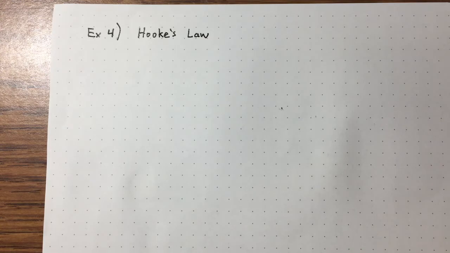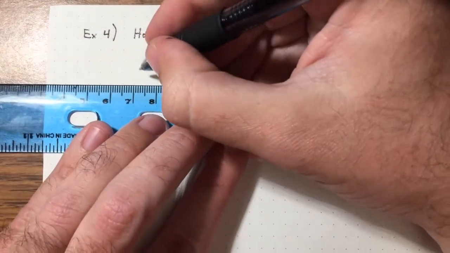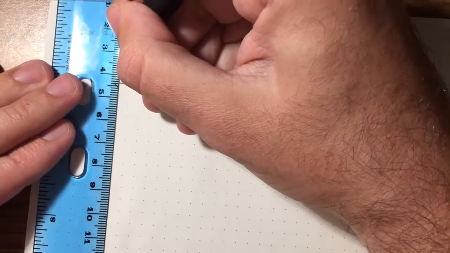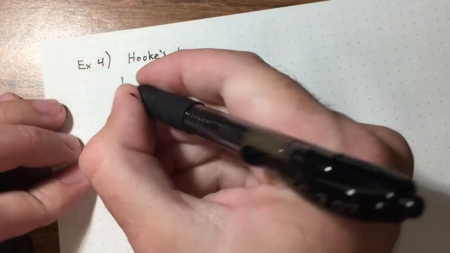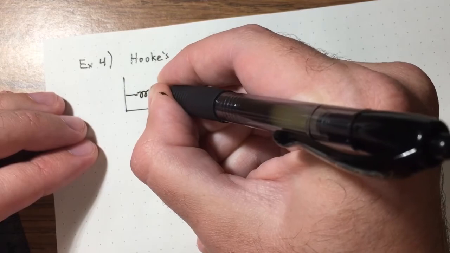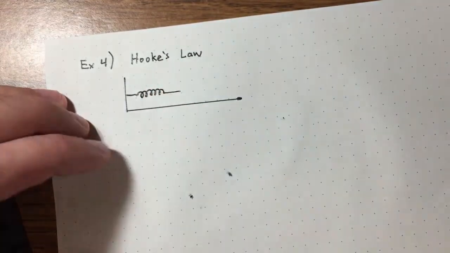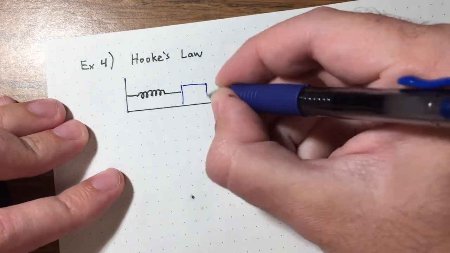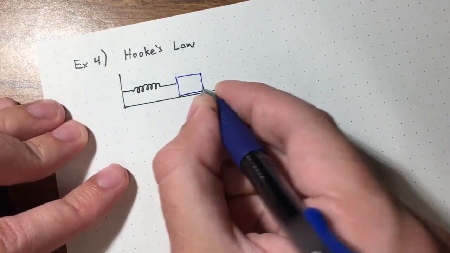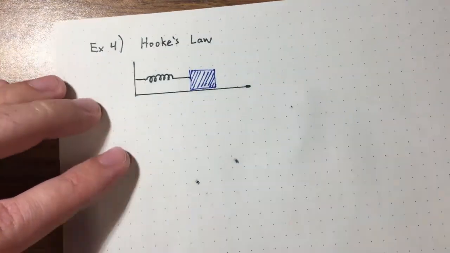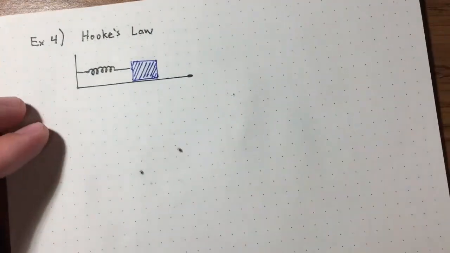Hooke's law has to do with springs. So let's draw what we're talking about here. Okay. So we have a spring attached to the wall. And then we're going to attach a block. Let's suppose there's no friction here for now. So we just have a block attached to a spring, and it can bounce back and forth.